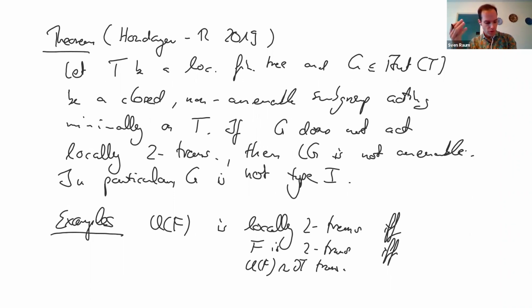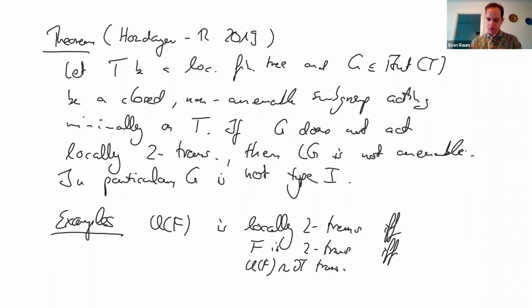I cannot really show you the proof here, but we produce concrete copies of free product von Neumann algebras which show non-amenability in this case. It's a pity that for the time I cannot go much into the details of proofs.